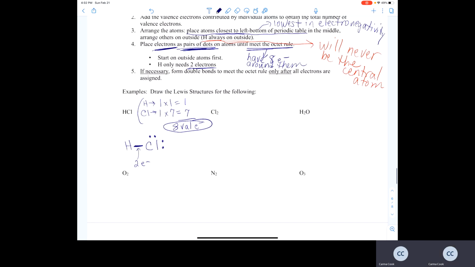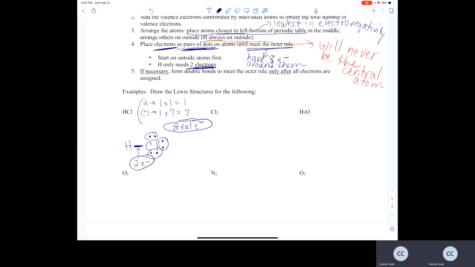Because remember our rule, hydrogen only needs 2 around it, and there are already 2 electrons around that hydrogen in the bond that it's sharing with the chlorine. So the additional 6 that are needed in the structure, I'll put in pairs of 2 dots around the chlorine. So now we've got 2, 4, 6, and 8.